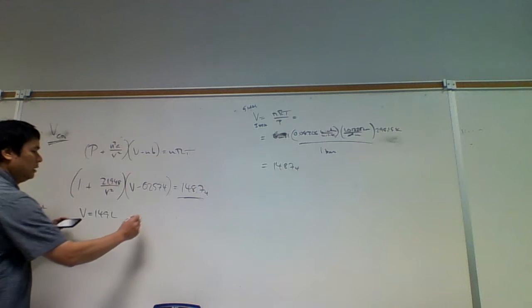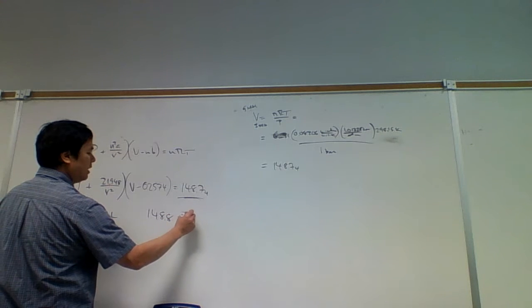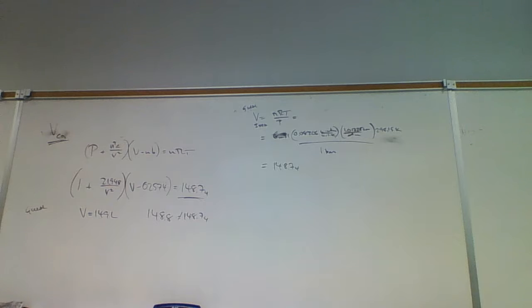And so I get 148.8, which should equal 148.74. It's a little bit high, right? Just a little bit high. So what should we try? Should we lower it or raise it? This is our first guess. And my next guess is going to be volume equals 148 liters.